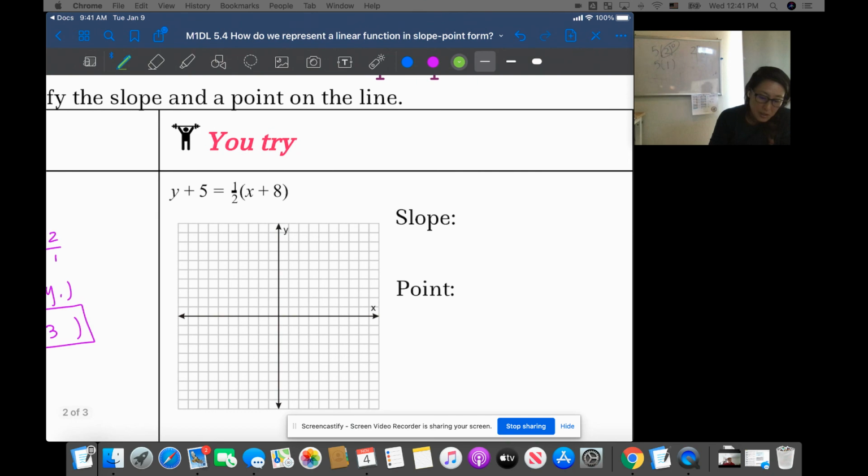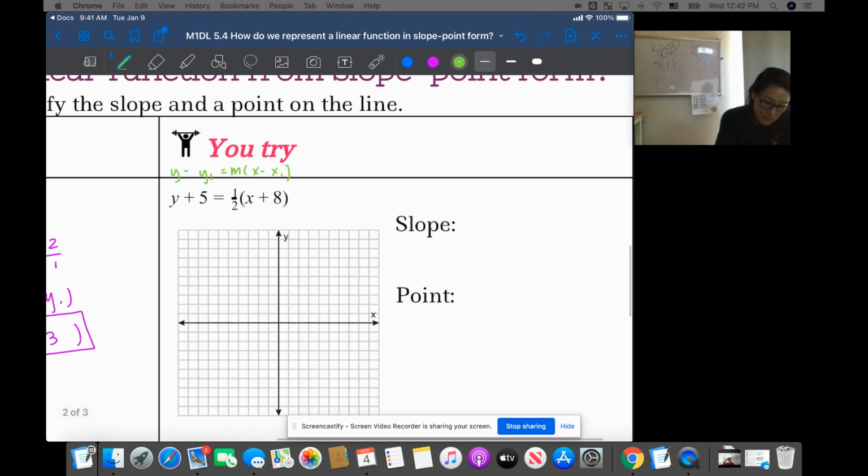Okay, all right, so the slope, again, y minus y1 is equal to the slope times x minus x1. So the slope is in front of the parentheses. That's 1/2, okay? 8 is the opposite of x1.